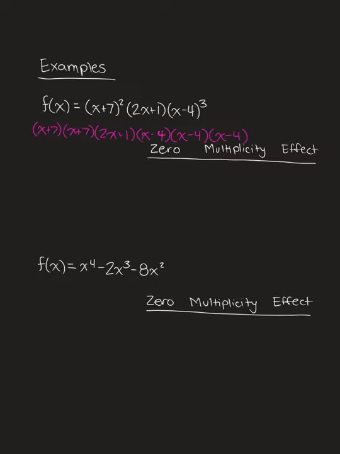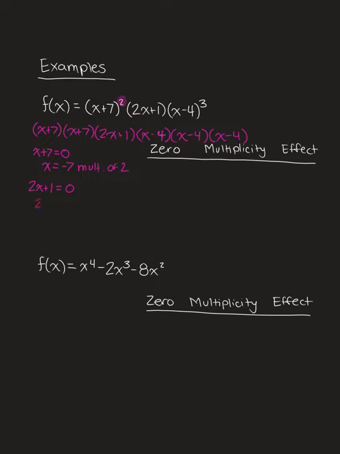So you can find your solutions by setting each factor equal to 0. Okay, so I'm just going to do x + 7 once. If I subtract 7, I will get x equals −7. Well, since I have it squared here, I have a multiplicity of 2. Let's look at our next factor. I have 2x + 1 is equal to 0.